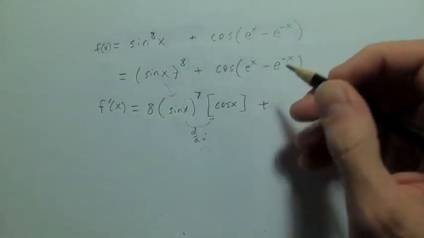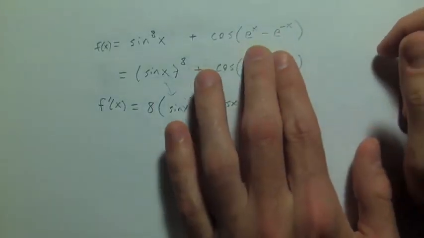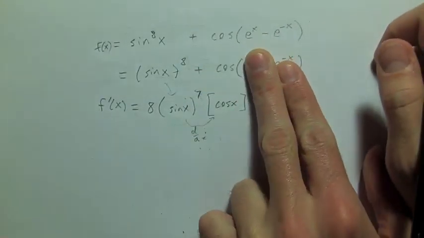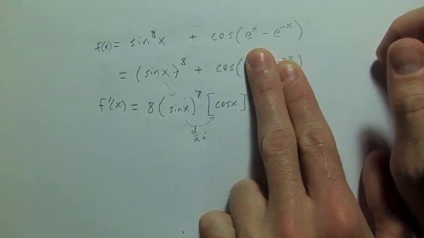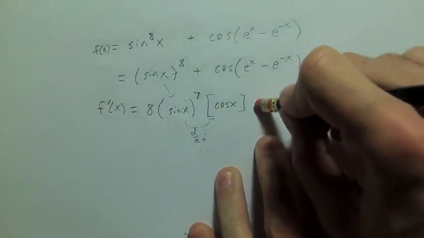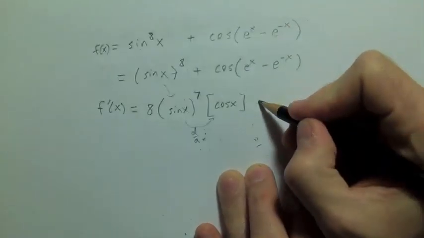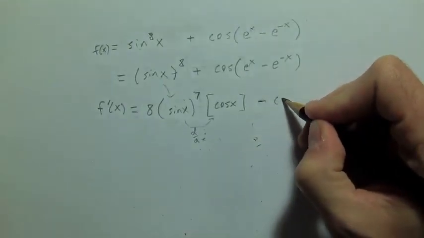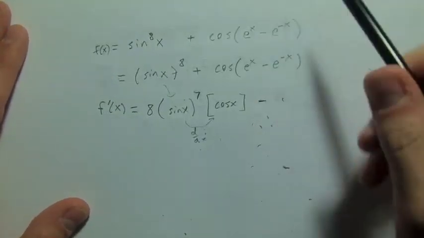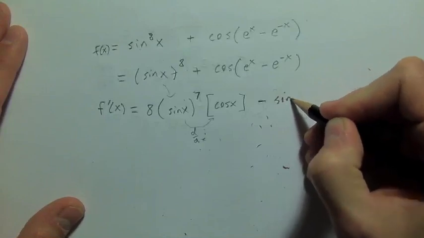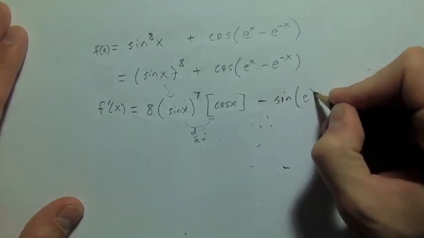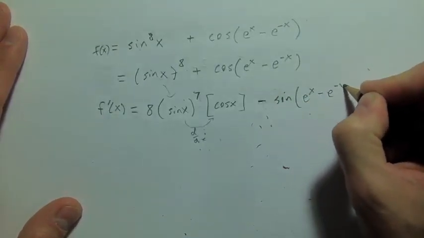Now, I have cosine of some stuff here. Right, cosine of stuff. So what's the derivative of cosine? Well, it's negative sine. So instead of this plus sign, I'll go ahead and change that to a minus. This will be a minus sine of e to the x minus e to the negative x.